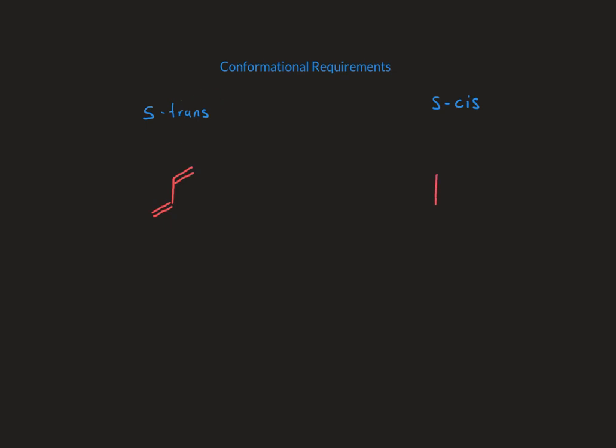The S-cis conformation then looks like this, where the two alkenes are on the same side of that carbon-carbon single bond, and so it's cis. And in order for a Diels Alder reaction to occur, it must be in the S-cis conformation. Because this is a concerted reaction, when an alkene comes in, this all happens at once.